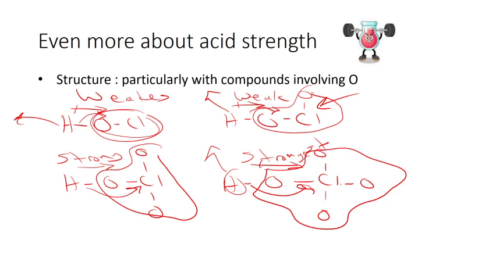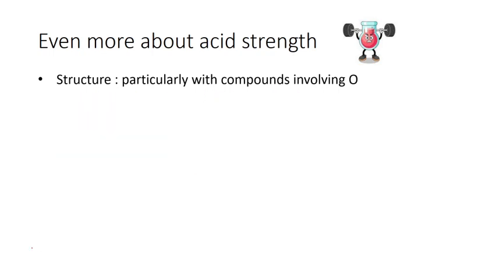This conjugate base is very stable, meaning the hydrogen is going to leave because this conjugate base doesn't really care whether it has that hydrogen or not. In fact, it might prefer to not have that hydrogen anymore. It wants to get rid of it to have those electrons to do whatever it wants with. So that is the discussion of acid-base strength involving structure, particularly compounds involving oxygen.